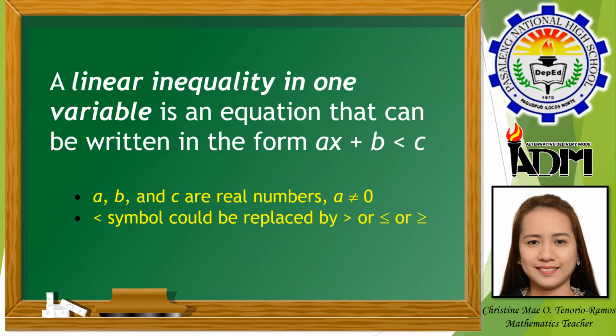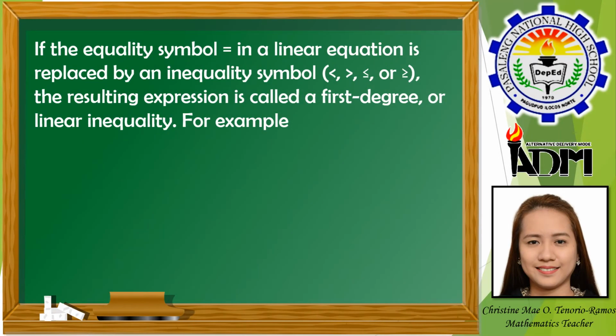So less than symbol could be replaced by greater than or less than or equal or greater than or equal symbol. If the equality symbol in a linear equation is replaced by inequality symbol, the resulting expression is called a first degree or a linear inequality.